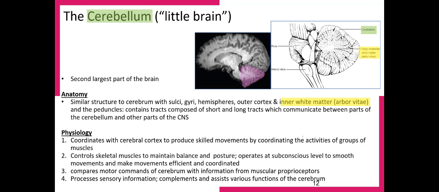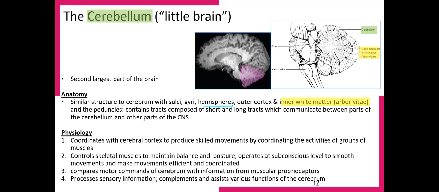Next part of the brain is the cerebellum, sometimes called the little brain. It's the second largest part of the brain, next to the cerebrum, which is the largest part of the brain. And what you can see here is that the anatomy or the structure of the cerebellum is very similar to the cerebrum. It's got wrinkled outsides with sulci, gyri.